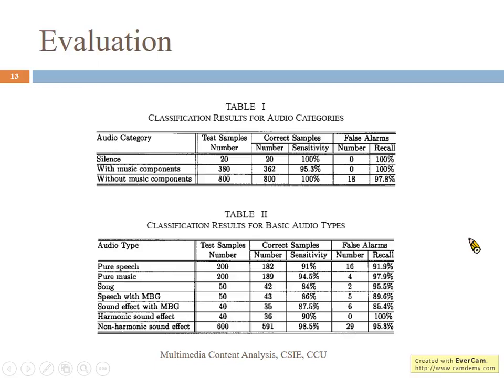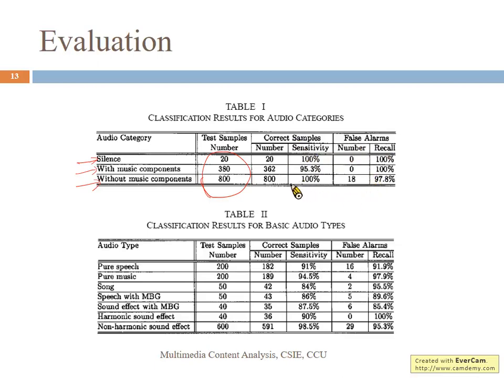In the evaluation, they do several experiments. The first one is the accuracy to discriminate silence, the sound with music component and without music component. And there are a few samples. And right here, we can see the correct sample, the false alarm.